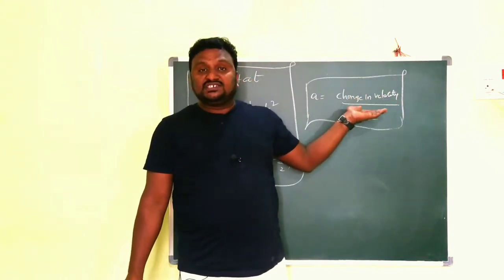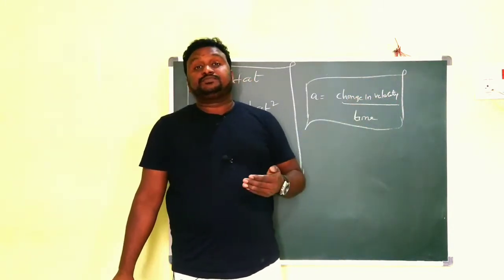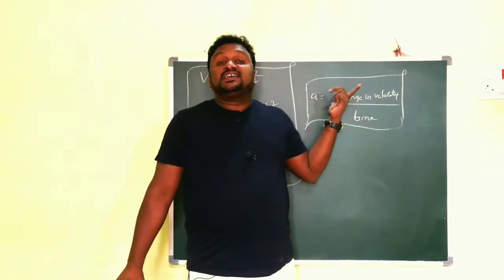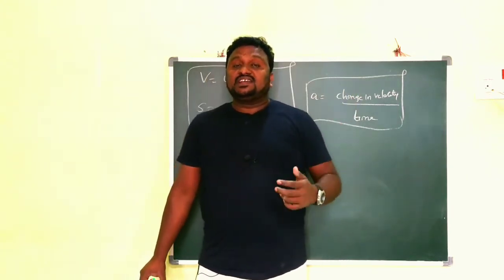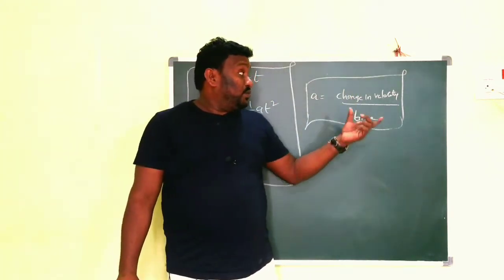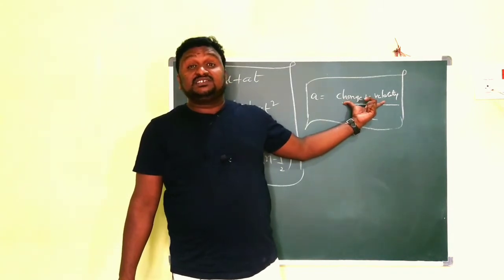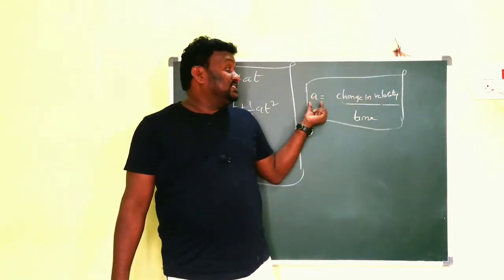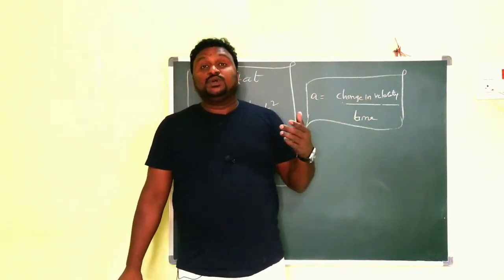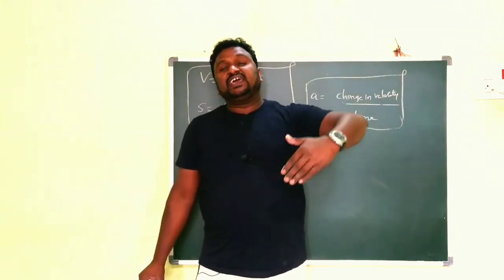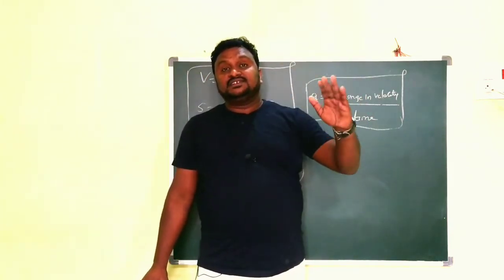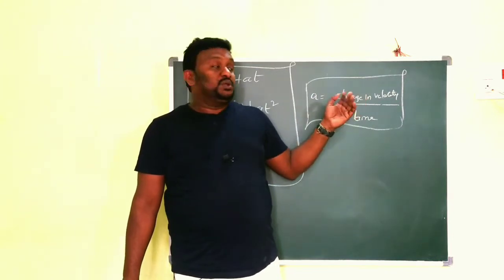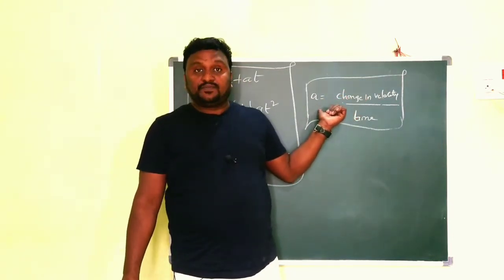When change in velocity is negative, then acceleration is negative. Negative acceleration is called retardation. When change in velocity is zero, acceleration is zero. That means when the body is moving with the same speed everywhere, then change in velocity becomes zero, and acceleration is zero.